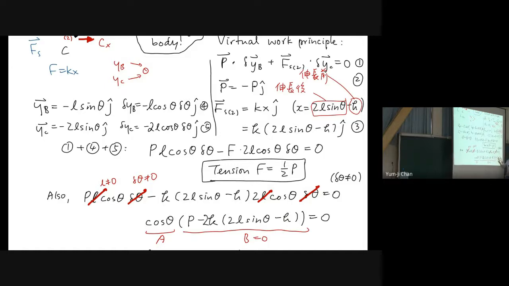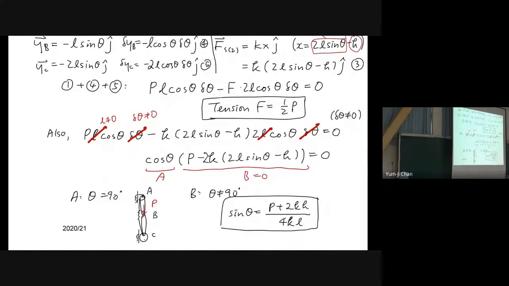Now for this one we have two solutions. One solution is cosine theta equal to 0. The other solution is this part equal to 0. For the first solution, cosine theta equals 0, that means theta equals 90 degrees.